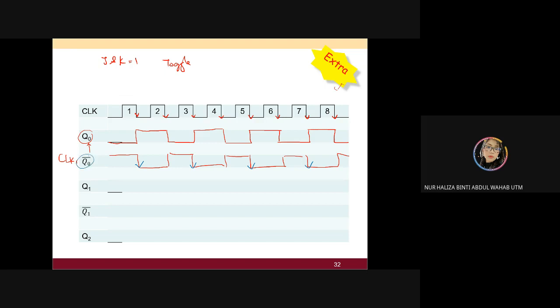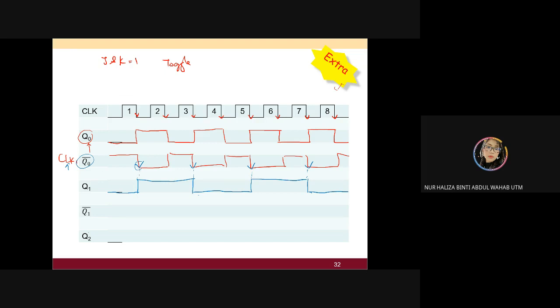This will be your next clock, right? So you will do the toggle when you meet the negative clock. You can see here, whenever you meet your negative clock, you're going to toggle. Done for your second flip-flop.